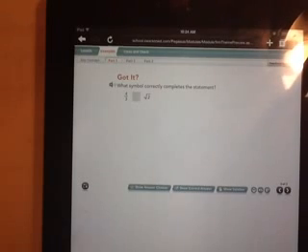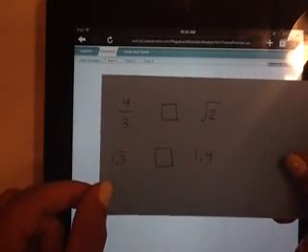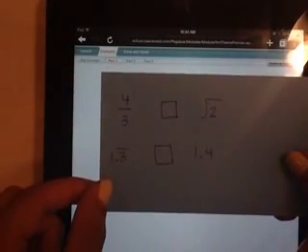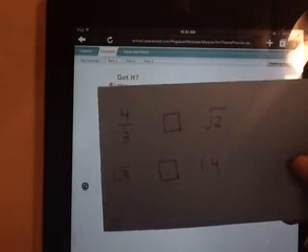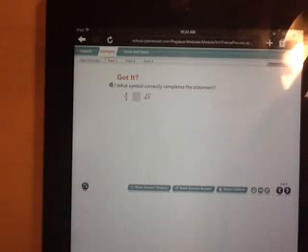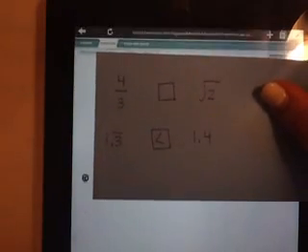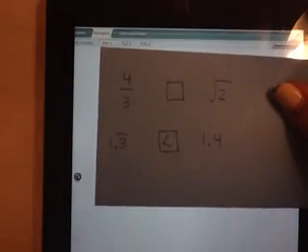I found the square root of 2 to approximate to 1.4. So which one is greater? 1.3 repeating, which is 1.33333 continuously, or 1.4. And 1.4 is going to be greater, so the symbol that completes this statement should be the less than sign, just as shown.